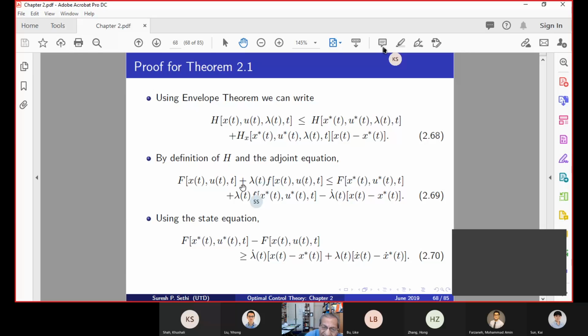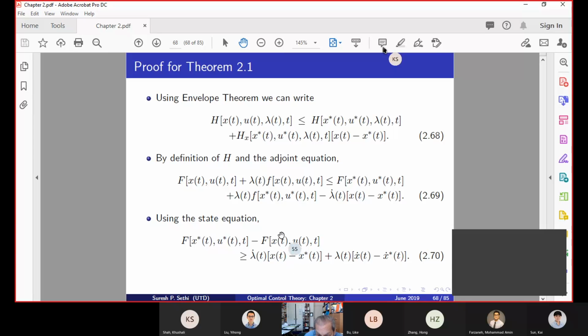This is lambda(t) times f of x dot minus f of x star dot. This is x dot, this is x star dot, this is x dot. So I get this. Notice this is a full derivative. This is d lambda dt times x plus lambda dx dt. So this is actually a full derivative.